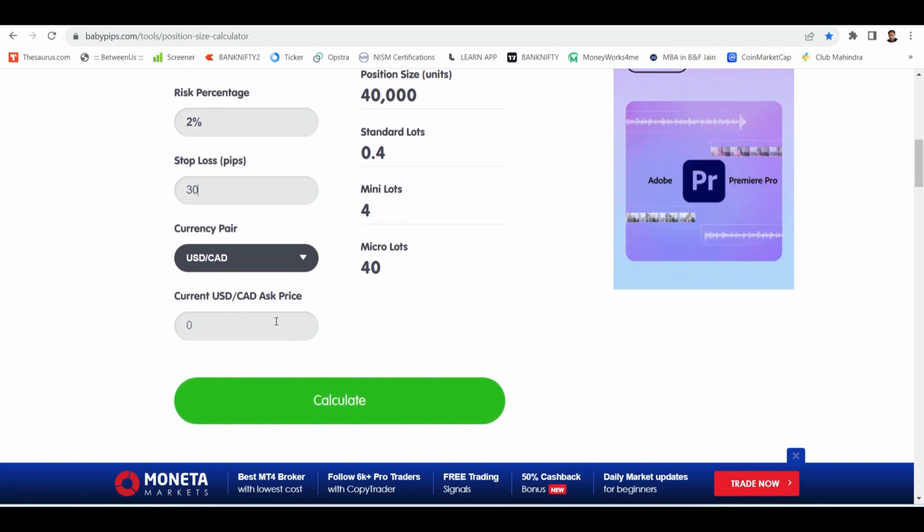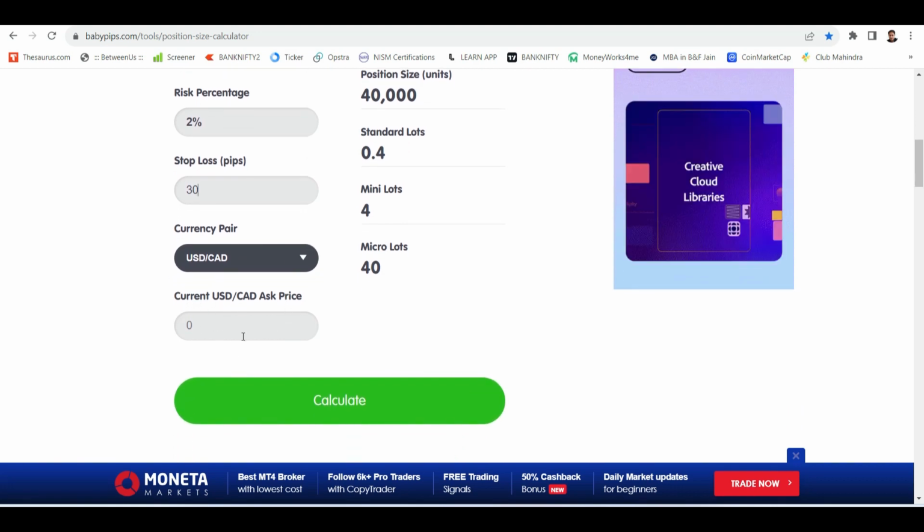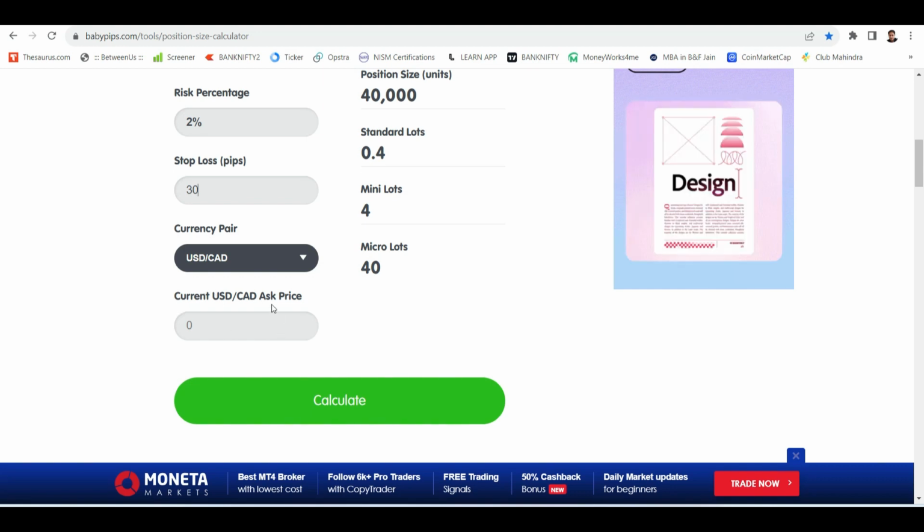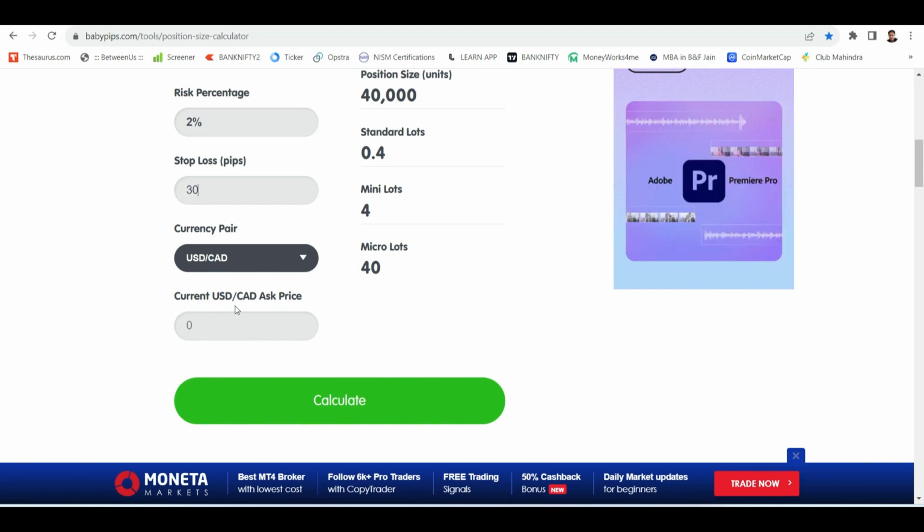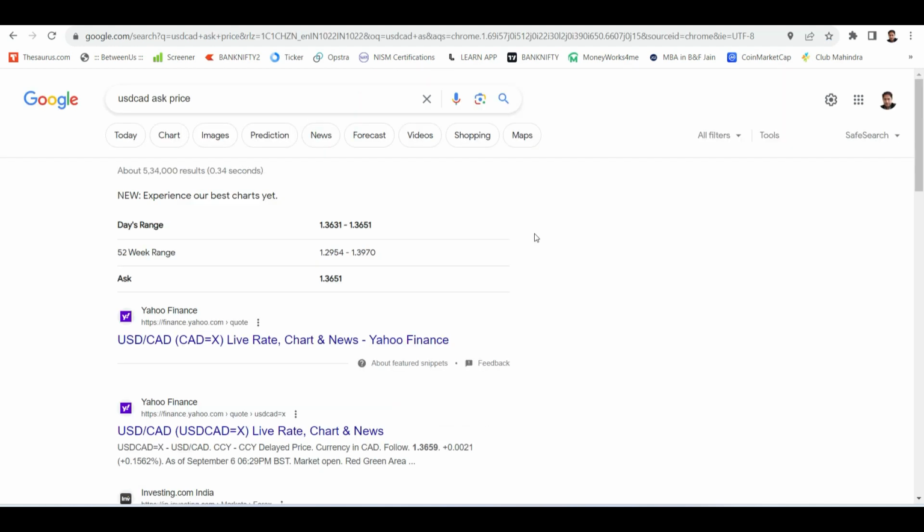And so here when you go to any other currency, it is asking you for the current USD/CAD ask price. So you can go to Google and just put USD/CAD ask price, and here you see the USD/CAD ask price is given. It is 1.3651.